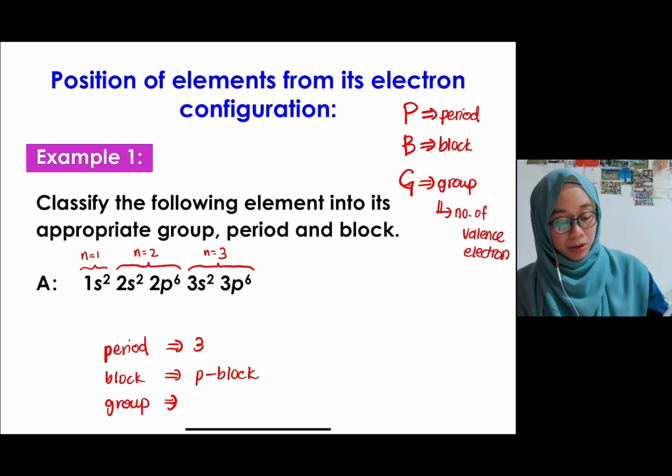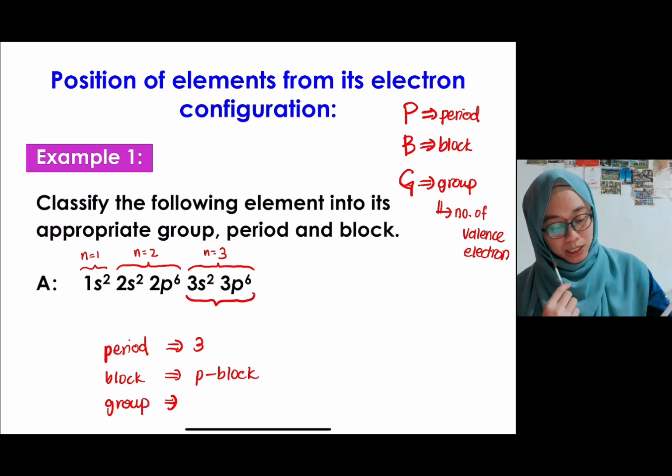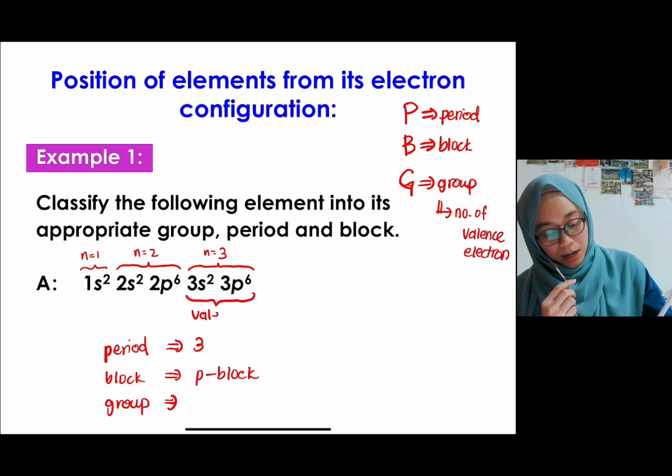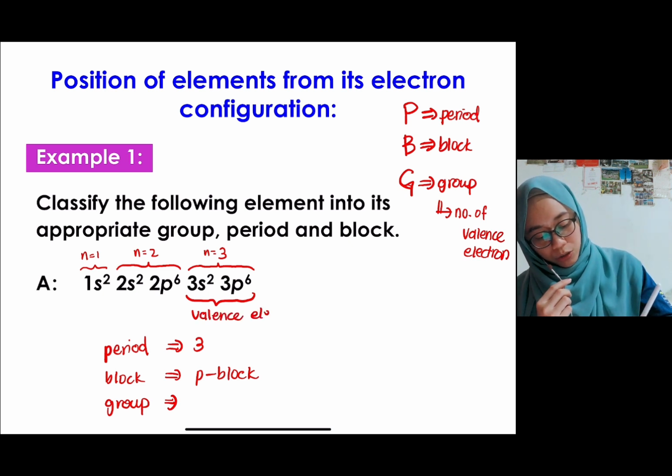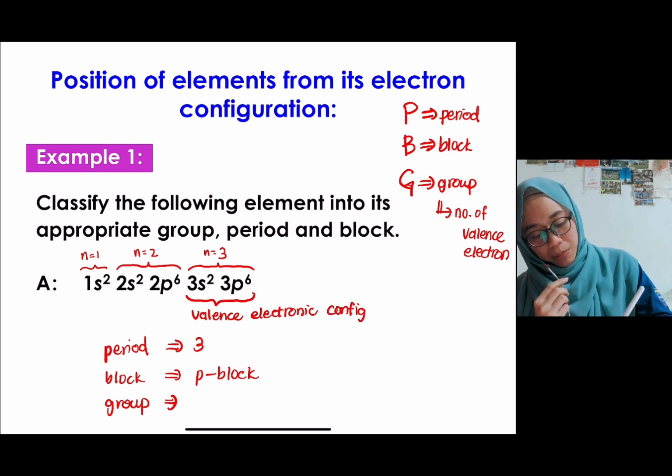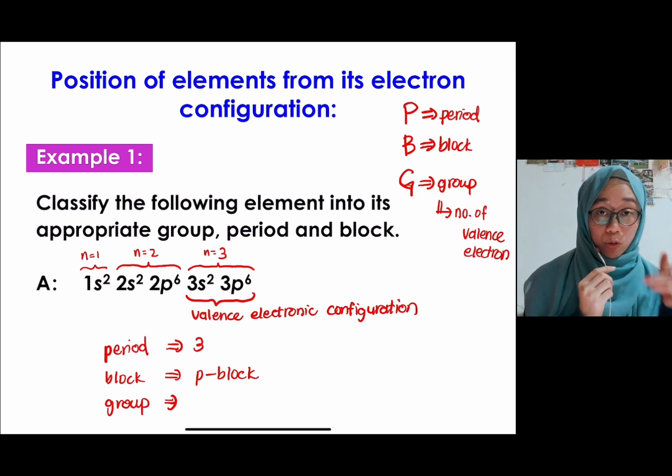Miss tulislah kat sini ya. So 3s2 3p6 itu adalah valence electronic configuration untuk elemen yang berada di dalam p block. In this case adalah untuk A lah.